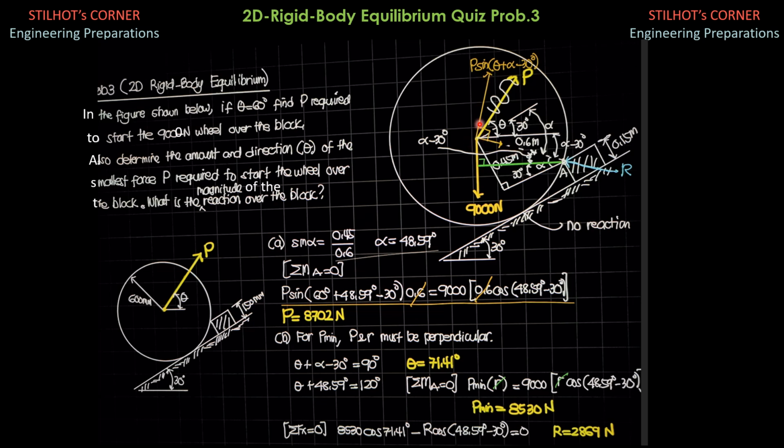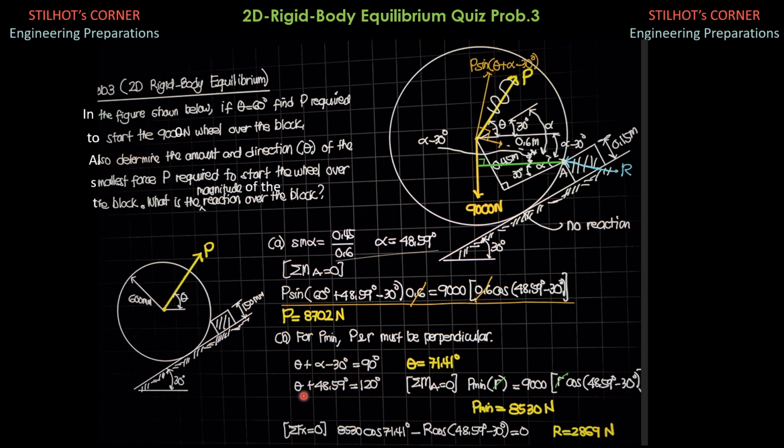So it must be perpendicular to that line. This angle is now theta, and theta for minimum P plus alpha minus 30 degrees must be equal to 90 degrees.